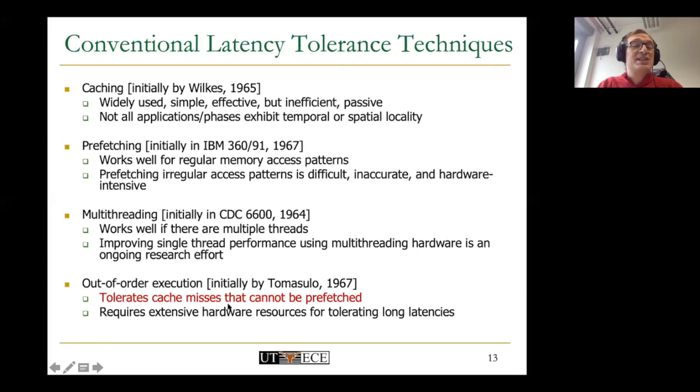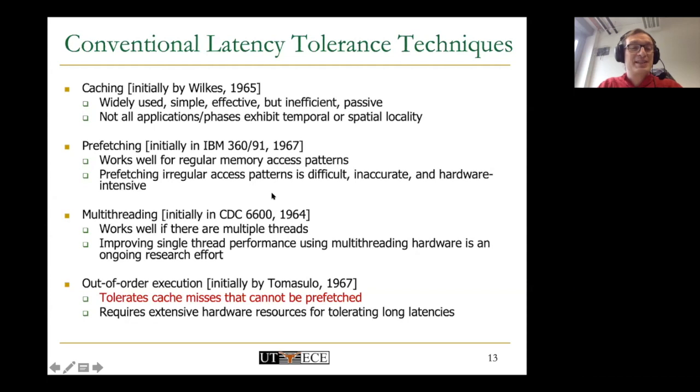But it also requires extensive hardware resources for tolerating long latencies. If you have latencies on the order of 500 cycles, like we've discussed, you need very large buffers, very large register files to tolerate the latencies. And clearly, all of these topics are actually good research topics today, even though they have been researched for more than 50, 55, almost 60 years in some cases.